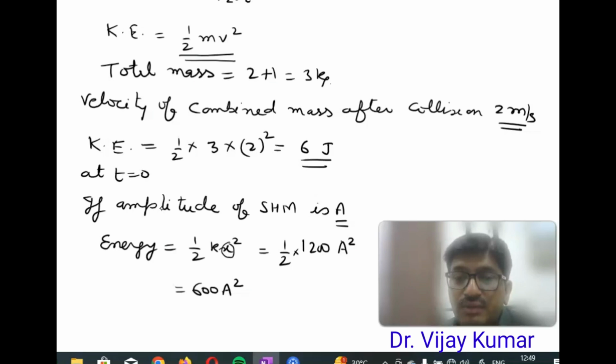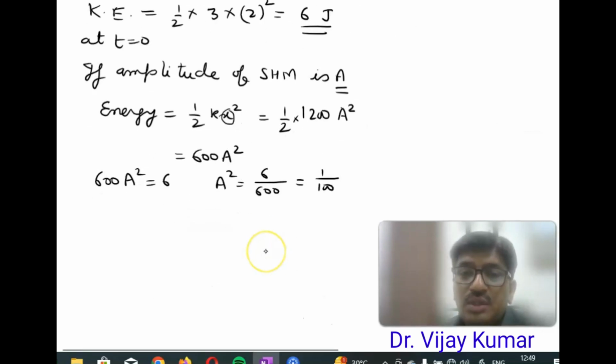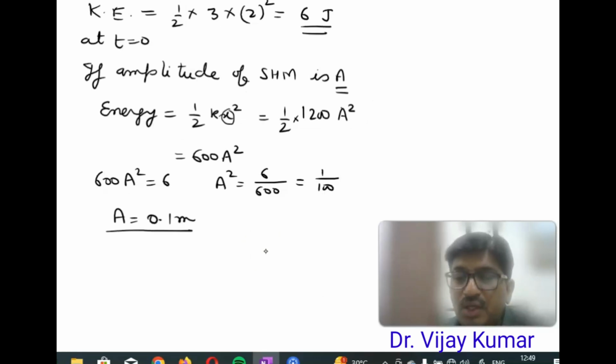This should be equal to 6, so A square is 6 upon 600, which is 1 upon 100, and A should be 0.1 meter.